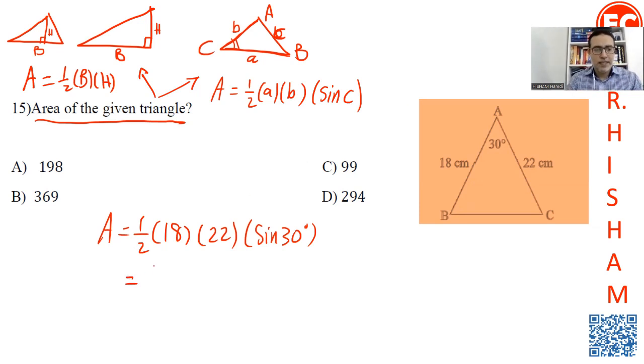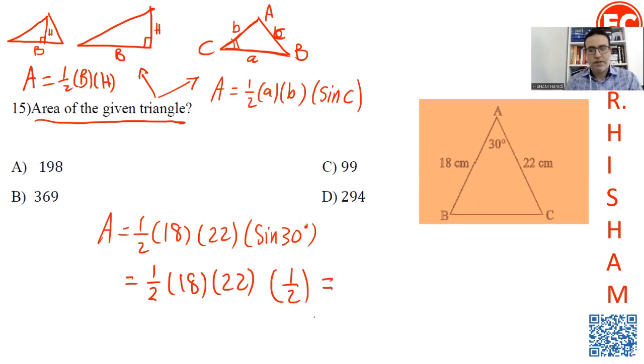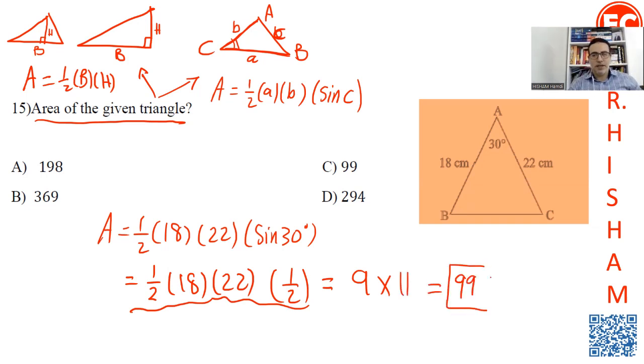I'm sure that all of you are brilliant and know that the sine of 30 is equal to half. Half of 18 is 9. Half of 22 is 11. So 9 times 11 is equal to 99.